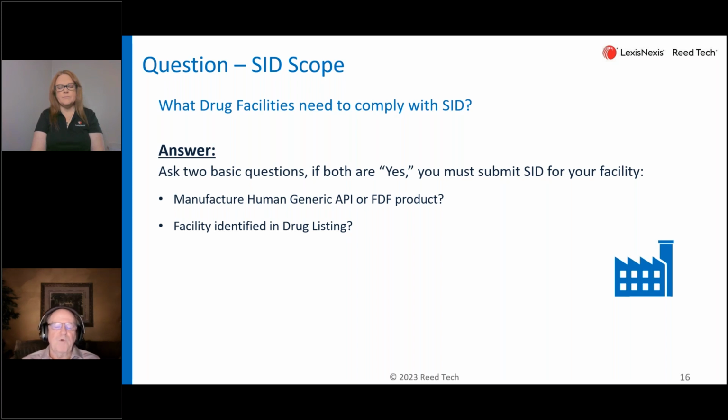It points back to the fact that there's a type of application, an ANDA, that is most likely connected to your product. If you answer yes, then you need to take some notes and learn about how to do this self-identification. Now, that's the tip of the iceberg.